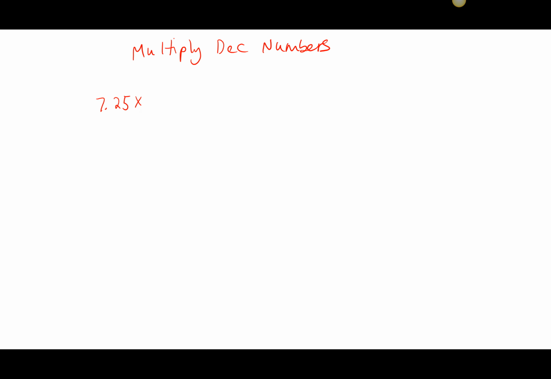7.25 times 0.301. Okay, so when you multiply, you don't have to worry about lining them up. You just get your numbers in there. 7.25, and put that 0 in front of it if you want to. And then you do your multiplication. So notice here we have 2 decimal places.